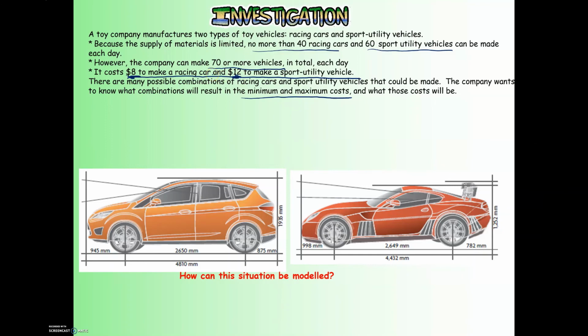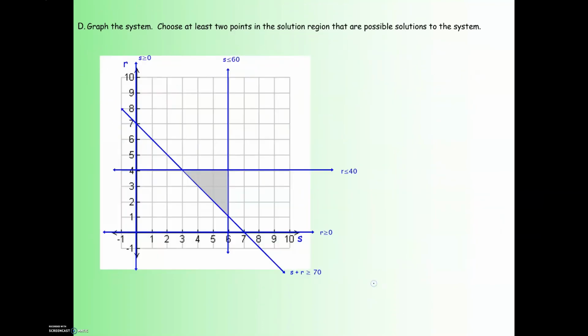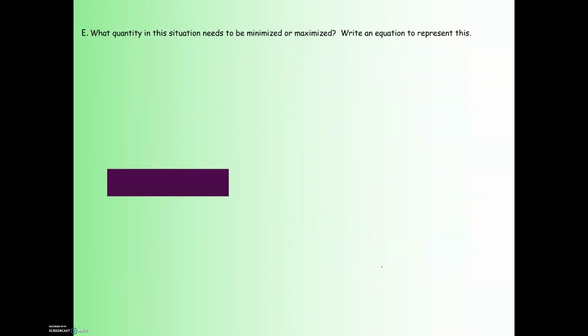So it says $8 to make a racing car, and we can represent that as 8x. And it's $12 to make an SUV. We can represent that as 12y. Now together, if we add them up, that's going to equal our cost as a company. So that would be what we call an objective function.